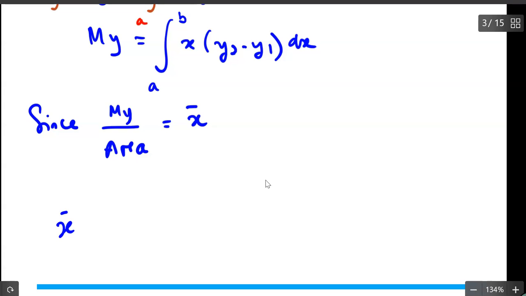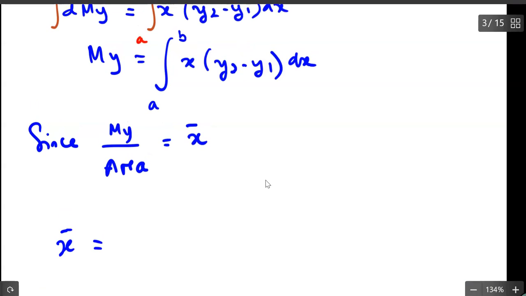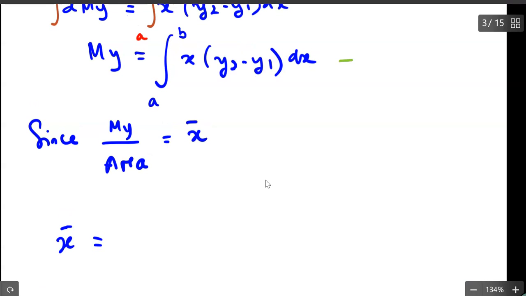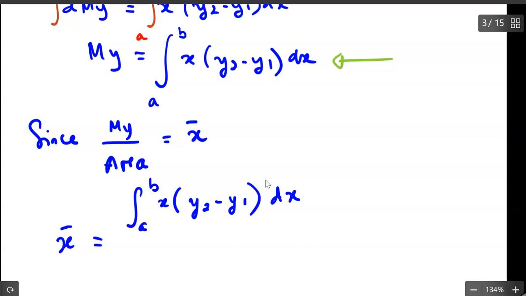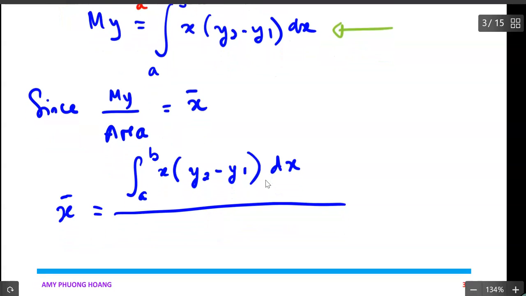I will substitute the integration that I already figured out: the integral from a to b of x multiplied by (y2 minus y1) dx, the whole thing divided by the area.